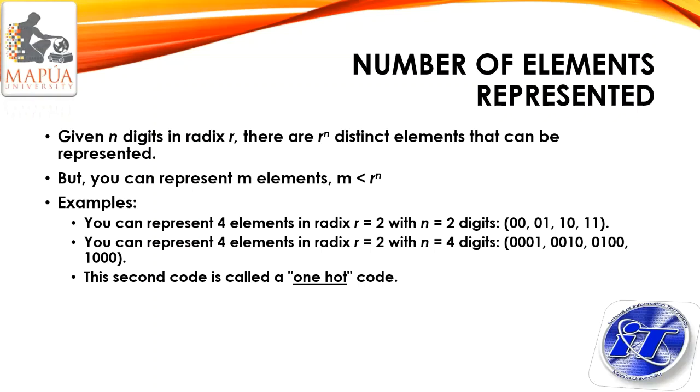So between 2 and 4, we need to choose 2 because it's enough. We don't need lots of patterns because they are just wasted if we increase the number of digits. So if we want to lessen the unused patterns, it's better to use the minimum value of n.